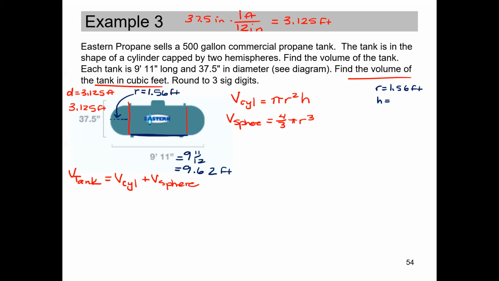And then I want to subtract 2 radii for the height. So it's going to be 9.92, subtract 2 of these for a whole diameter. So we can just subtract the 3.125. So 9.92 subtract 3.125 would be 6.50 when I round it. Now, I'm rounding to 3 significant digits as I go.